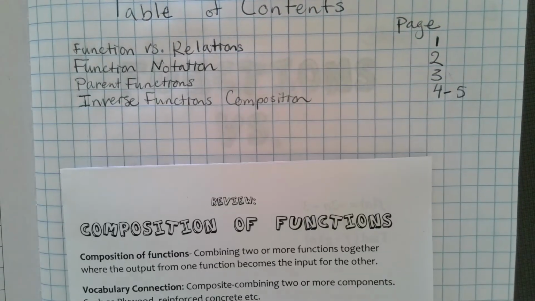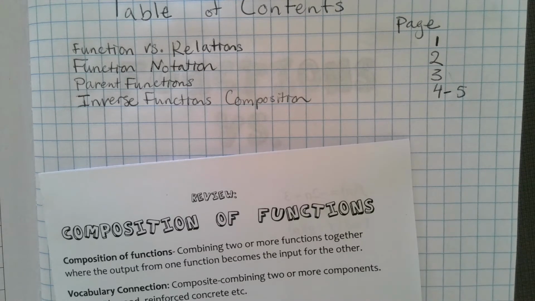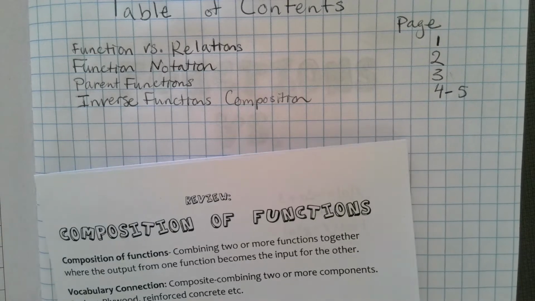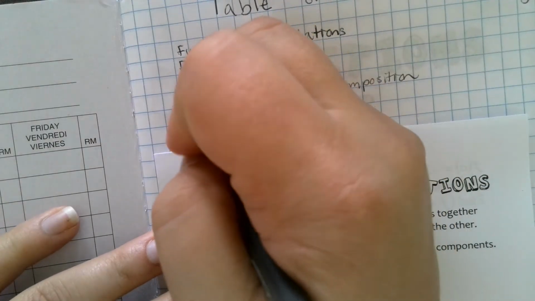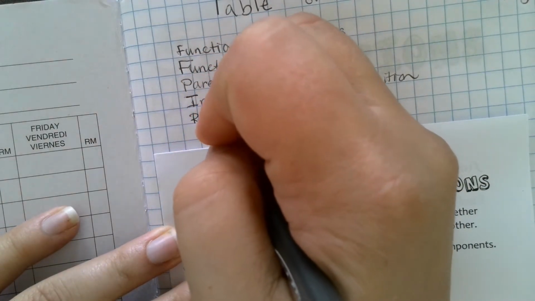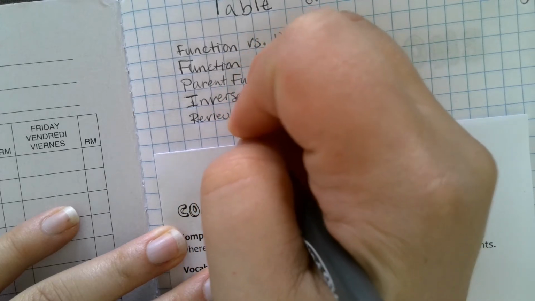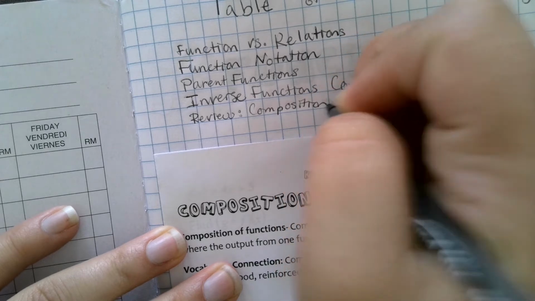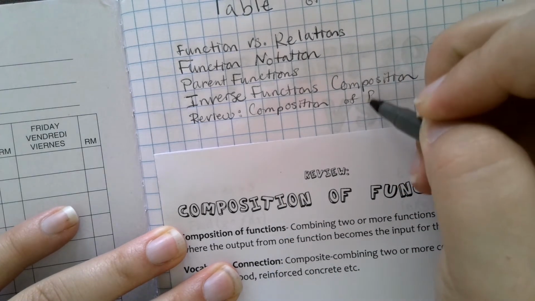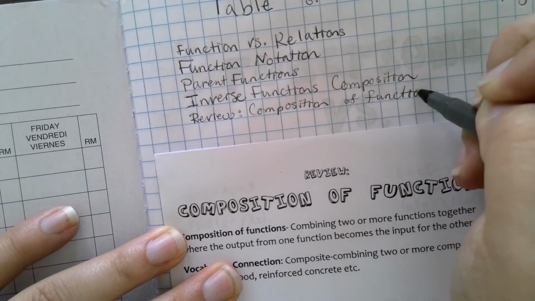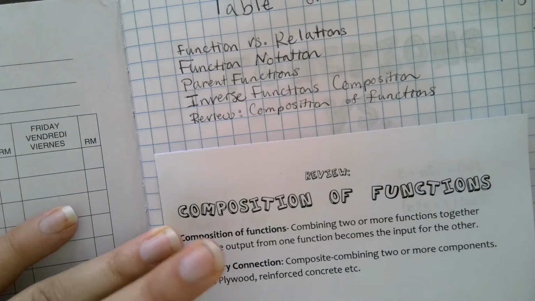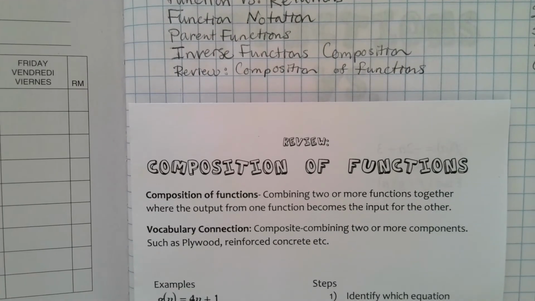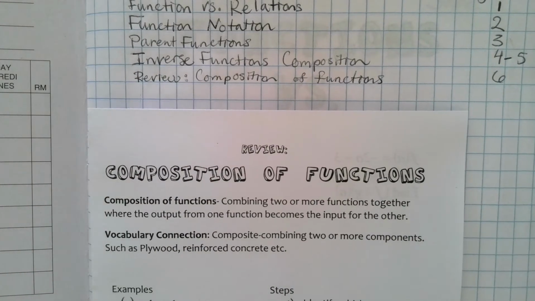Okay, you guys, so today we're going to be on page... we're going to be review. Okay, so review composition of functions, and it's going to be on page 6.